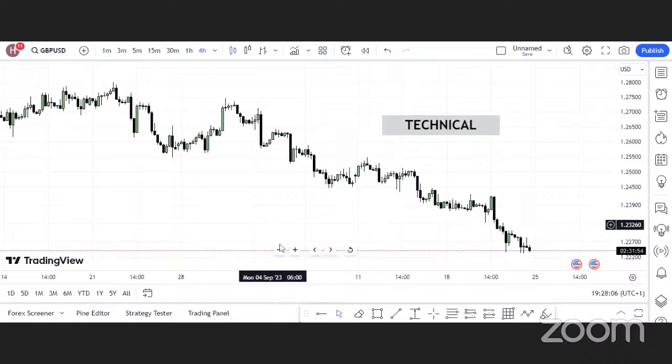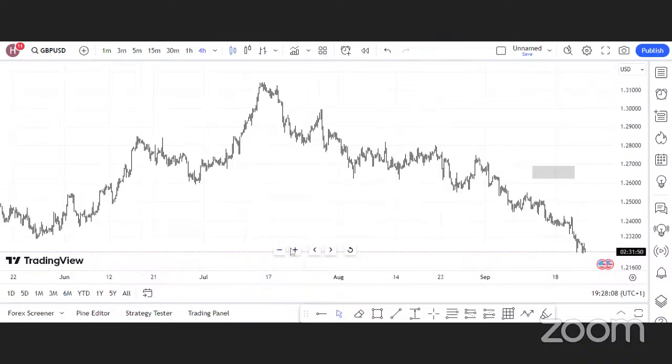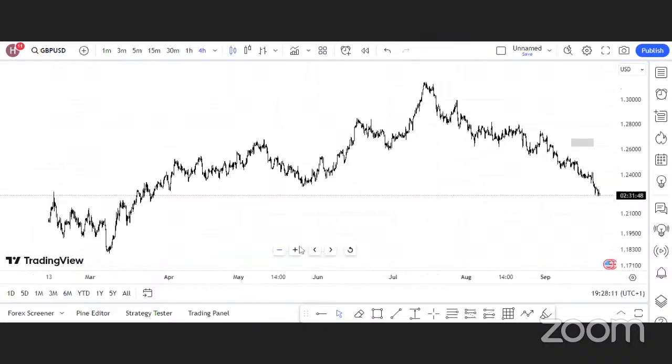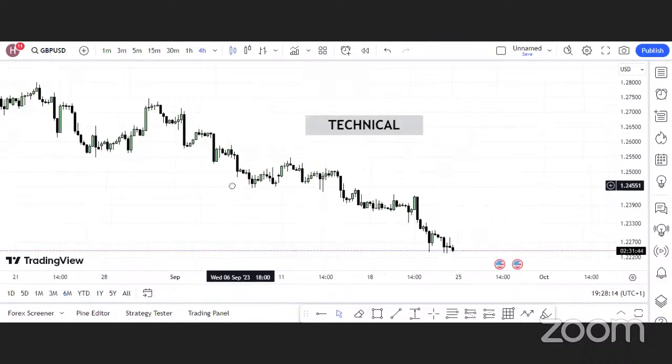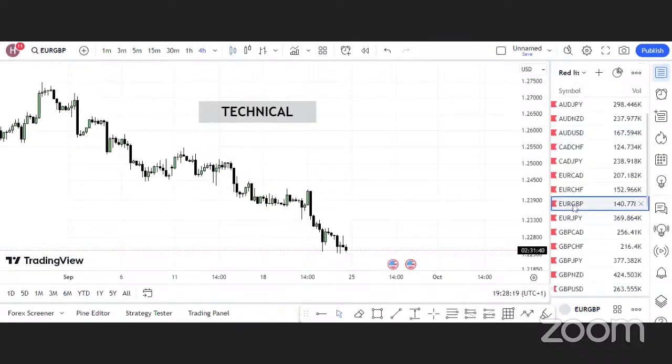Now let me show you something very important. Let me not zoom in on everything like that. Let's use another market where we can make a better analysis.